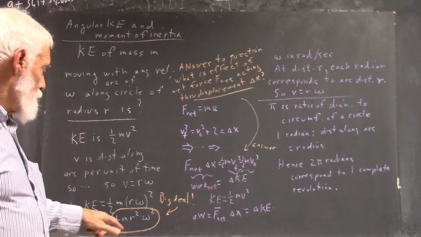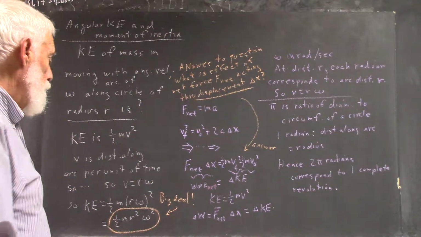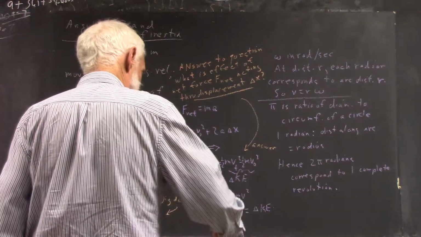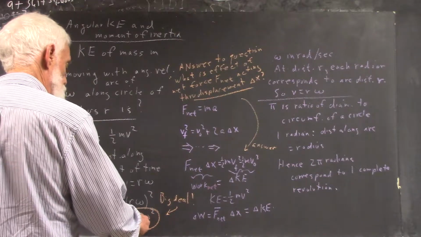And I chose to write this as 1/2 m r squared omega squared, saying this is a big deal. And I'll even go so far as to put some parentheses here.